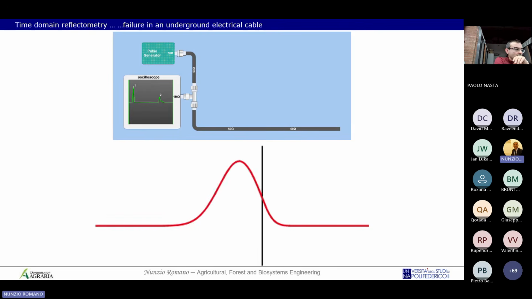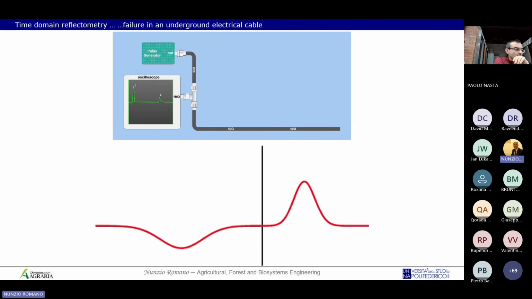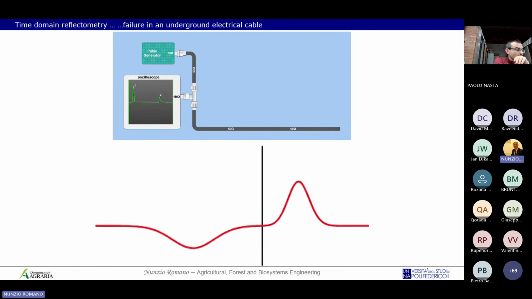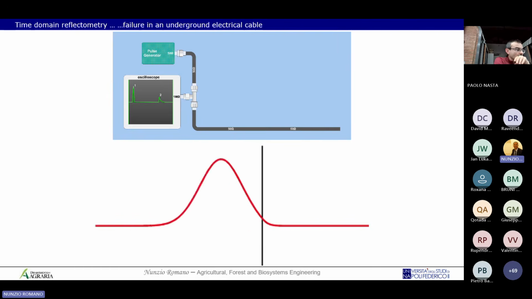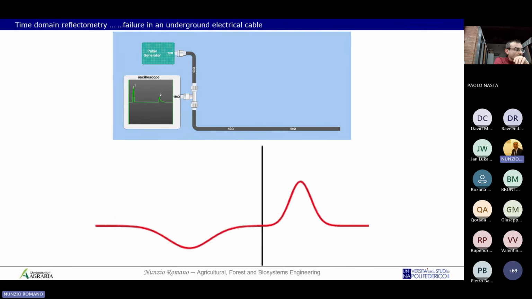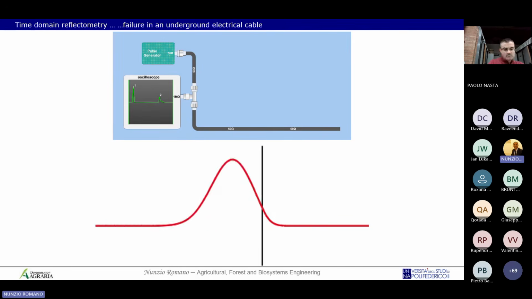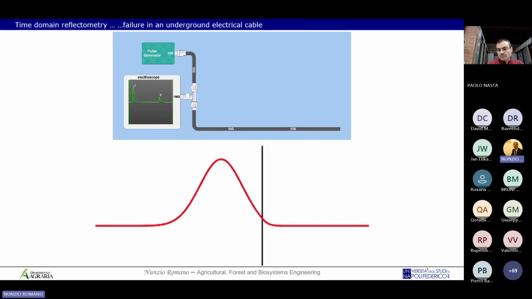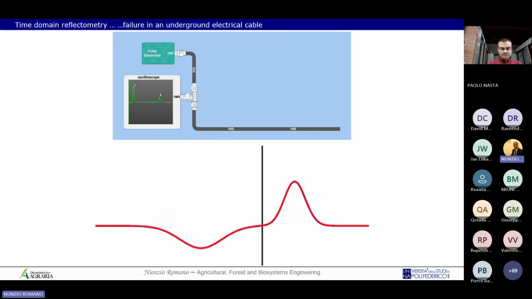The vertical black line is the failure in the electrical cable. If there is an electrical wave into the cable, part of the wave goes on into the system, but another part is reflected.